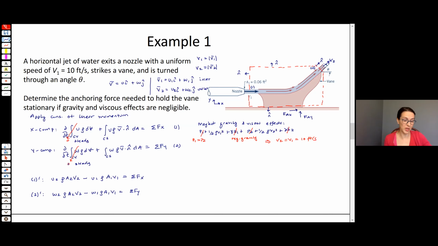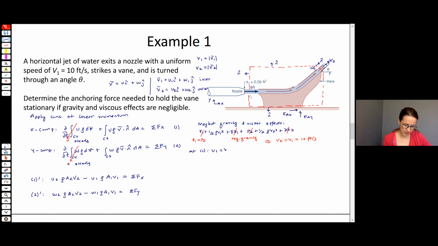It comes from the Bernoulli equation and the fact that we're neglecting gravity forces and viscous effects, right? So what Bernoulli tells us is just that those two terms containing the velocity are the same. The 1/2 rho V squared terms are the same, and since rho is the same everywhere, we know that the velocities are the same.